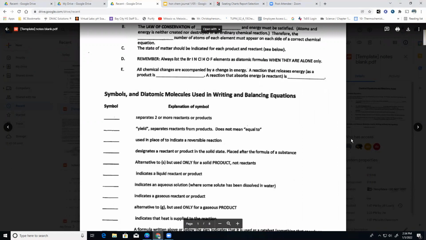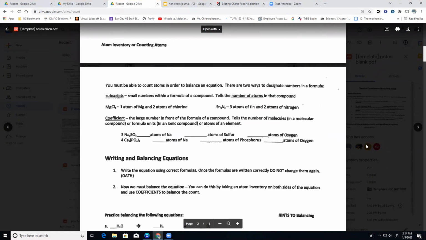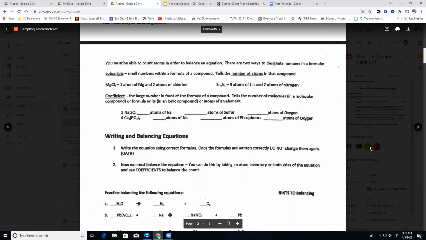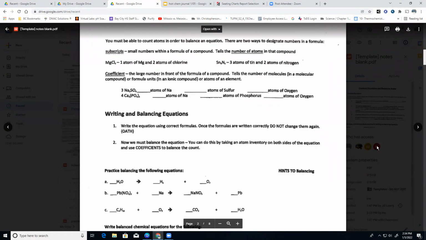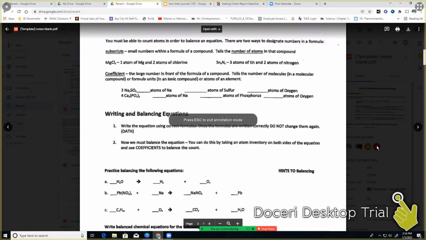Okay. All right, so on the top of the next page, just to refresh your memory on counting atoms, because that's kind of the whole point of balancing equations. Got to be able to count your atoms. So remember, the subscript is the small number within a formula or a compound, and it tells you the number of atoms in that compound. That would be, for instance, right here, where I have my 2 with my chlorine. Remember, a subscript only affects what is behind it. So that 2 only affects my chlorine.